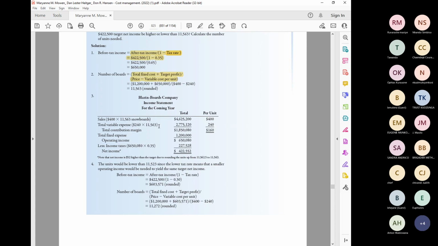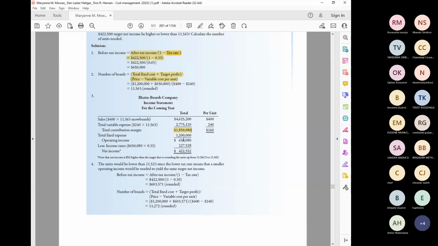We say 240 times 11,563, and then we get 2,775,120. We subtract sales minus variable costs and get 1,850,080. Then you get contribution margin.